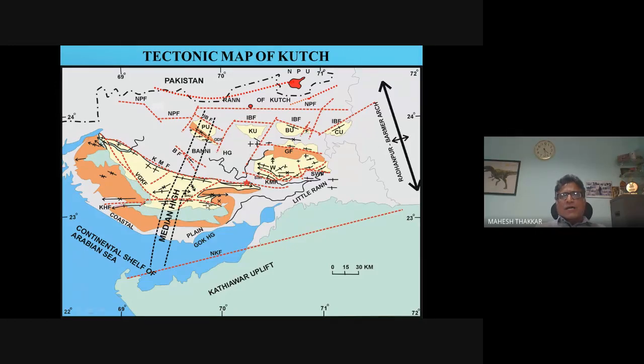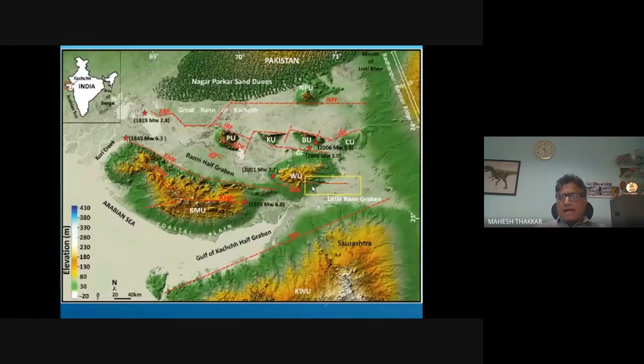When the basin started inverting, these faults also started coming into the picture. So these transverse faults are important in shaping the landscape of Kutch, so that you can understand how they discretely separated the islands. And here also the transverse faults have separated several dome systems.